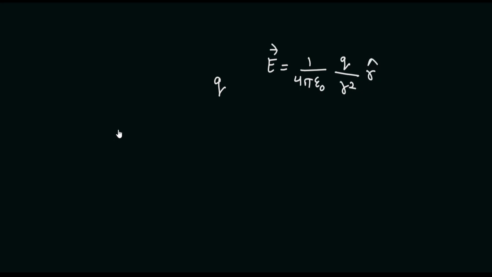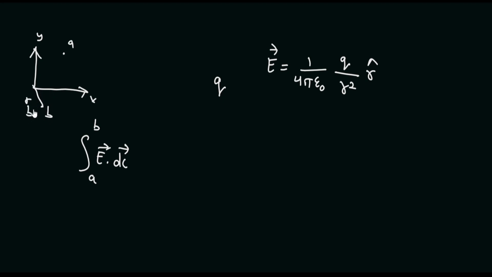Now we want to find the curl of the electric field, but first we will calculate the line integral of the electric field, that is E dot dl from some point A to some other point B. Let's say we have our axes, this is the x-axis and this is the y-axis, and this is a point A, and let's say we have point B over here, and let RB be the distance of the point B from the origin, and RA be the distance of point A from the origin, and we go along some path like this.